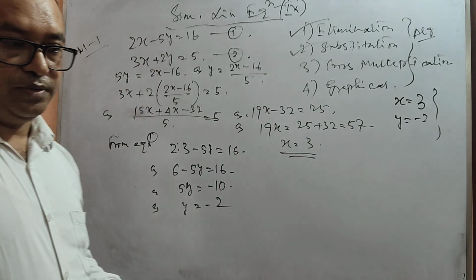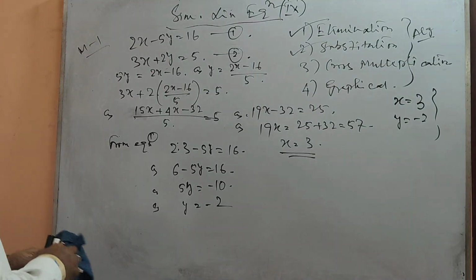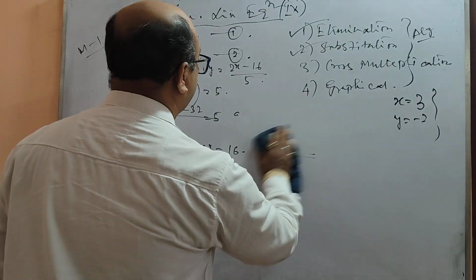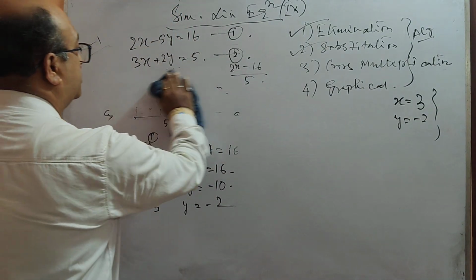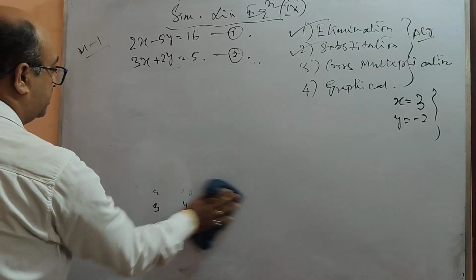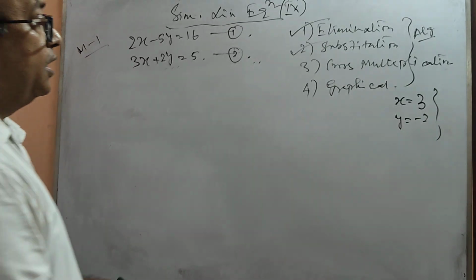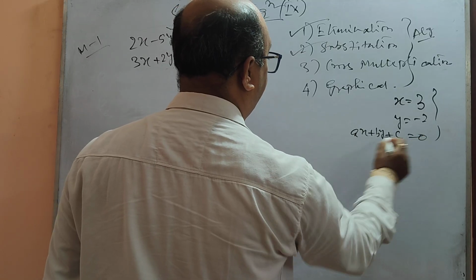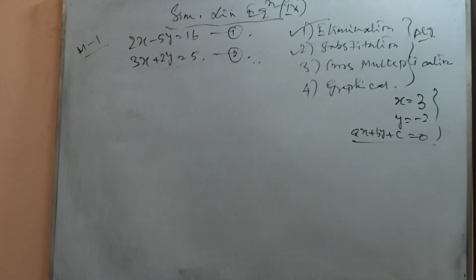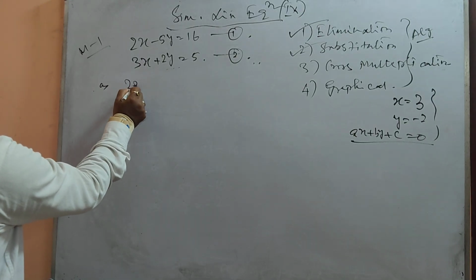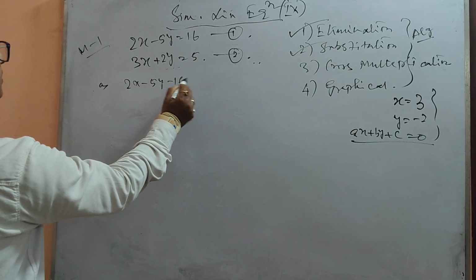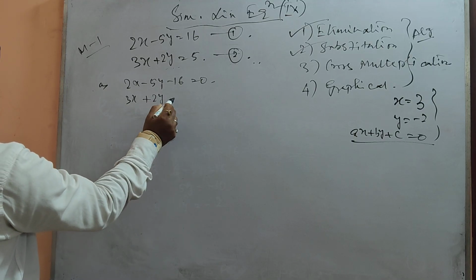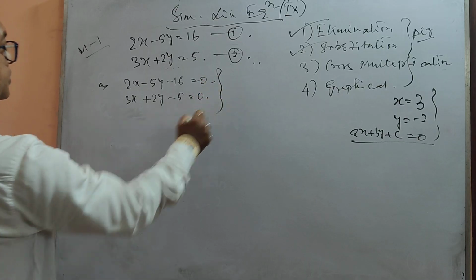So this is the method of substitution. So definitely you have understood these two methods. Now the last method is cross multiplication. If I have to apply cross multiplication here, I have to convert the form ax plus by plus c, so that 2x minus 5y minus 16 equals 0 and 3x plus 2y minus 5 equals 0.